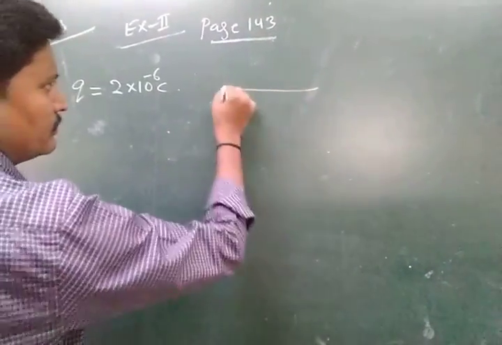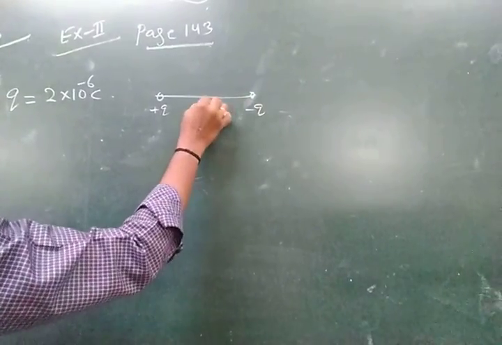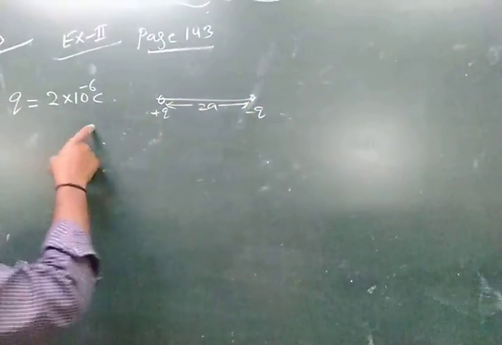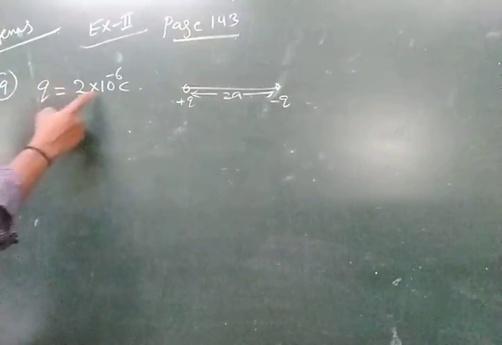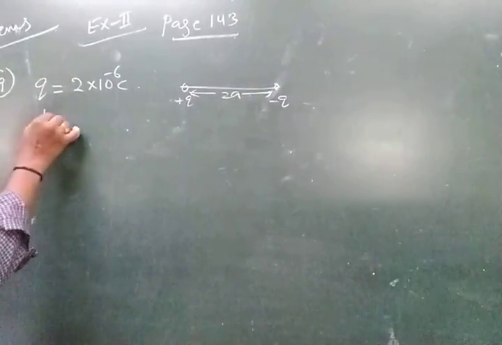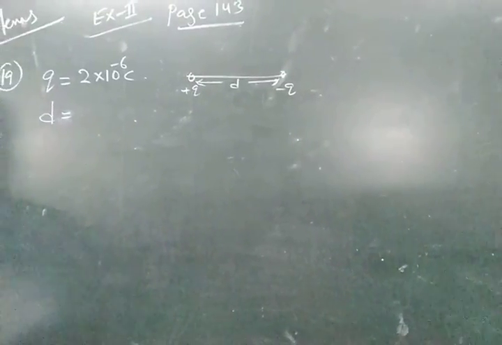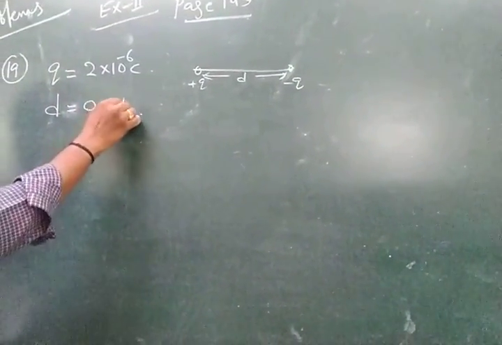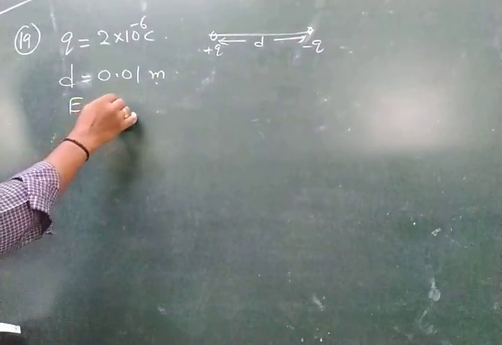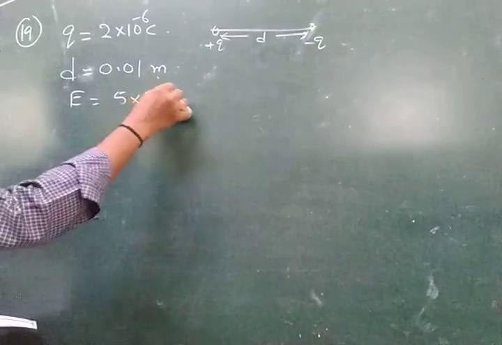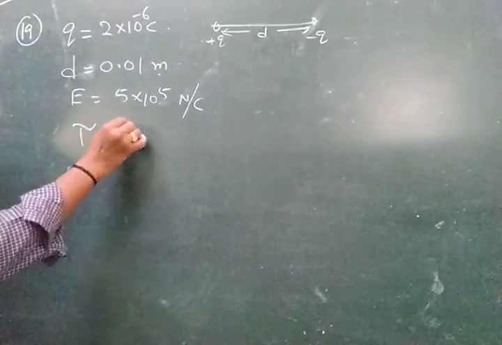A dipole means positive and negative charges of equal magnitude, 2 into 10 power minus 6, separated by a fixed distance in space. The distance between the two charges, d, is 0.01 meter, and the electric field E is equal to 5 into 10 power of 5 Newton per coulomb.